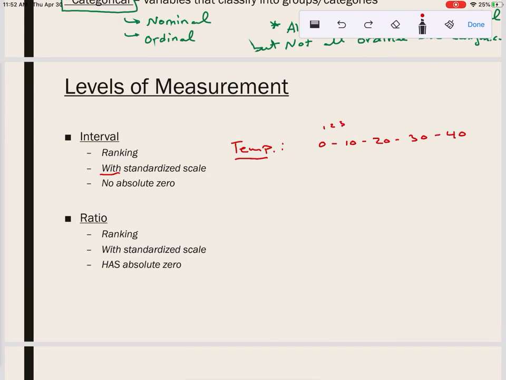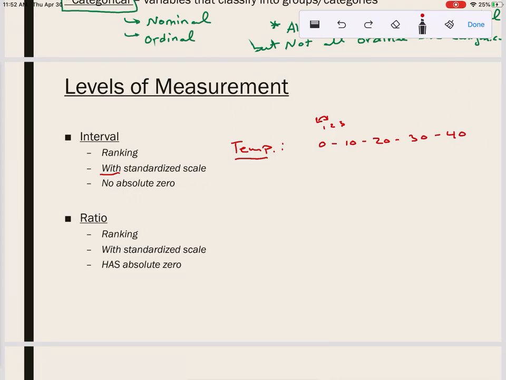There's ranking because 0 is lower than 10, which is lower than 20. And there is a standardized scale, because when I take that temperature, the differences between 1 degree and 2 degrees and 3 degrees are the same. So the differences between each one are the same. It is standardized.